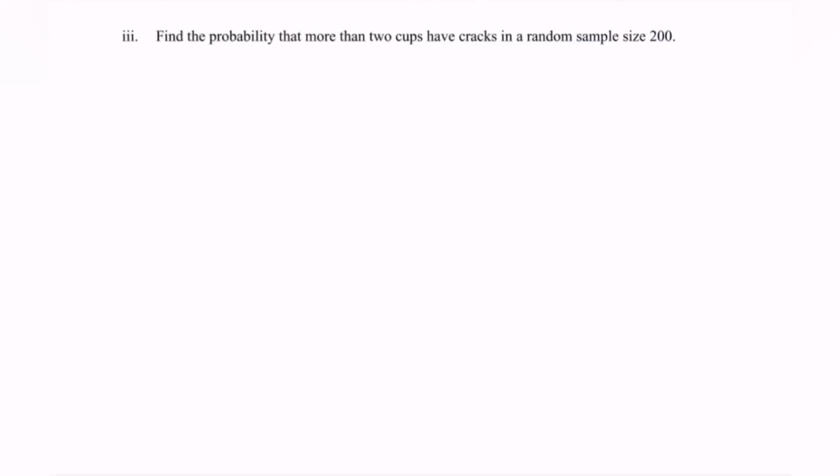Number 3, find the probability that more than 2 cups have cracks in a random sample of size 200. So X is binomially distributed with 200 as n and 0.04 for the probability of crack. Next, we have the probability that more than 2, so X is greater than 2 as in the question.